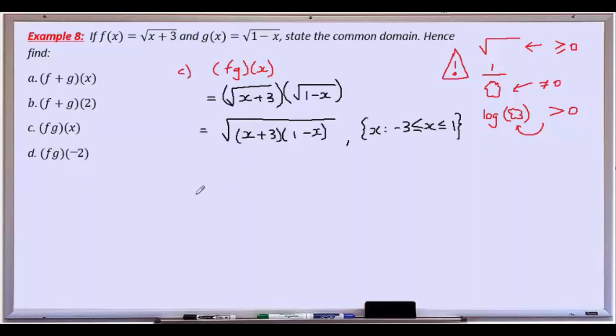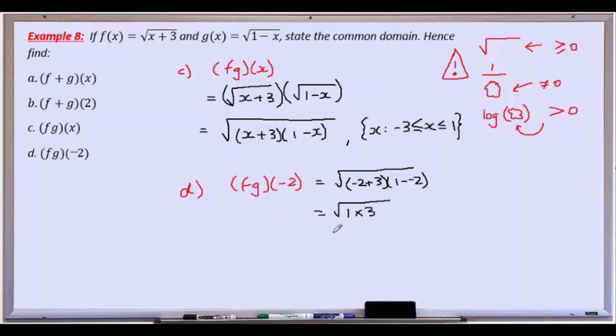And our final part, part D, fg of negative 2, we can substitute negative 2 in here. So we'll get the square root of negative 2 plus 3 times the square root of 1 minus negative 2, which is the square root of 1 times the square root of 3, which is the square root of 3.